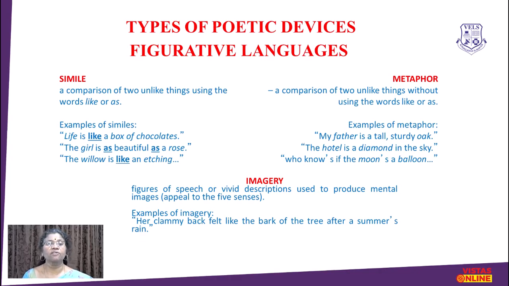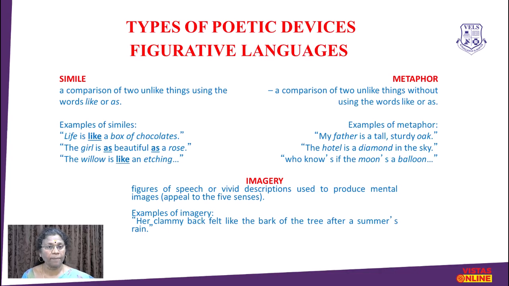And then are the figures of speech through imagery. What do you mean by imagery? Why is it important? Imagery is one very important device which helps the reader to visualize and imagine in their mental space. When I read or when you read, we create a mental space using the colors or using the action.